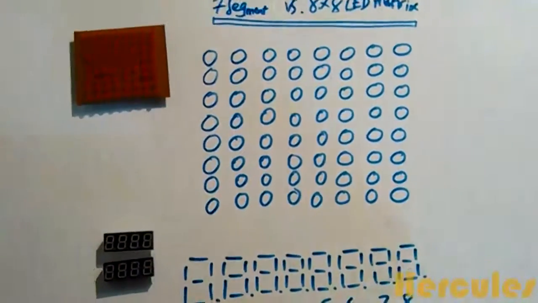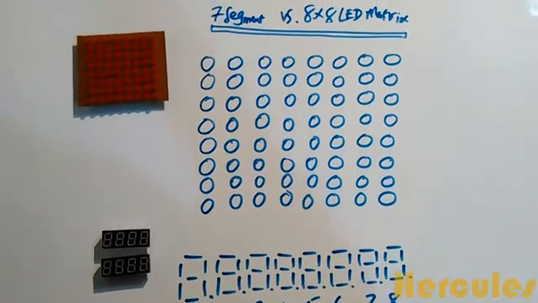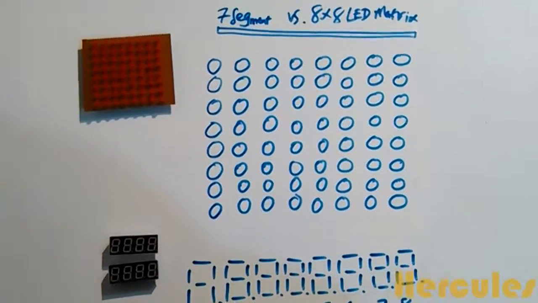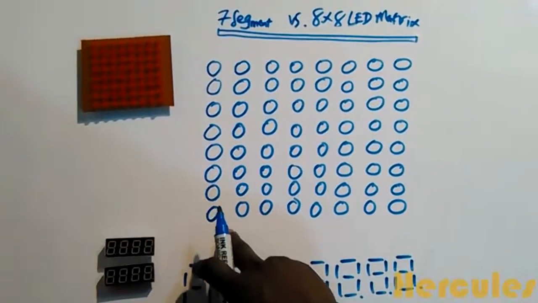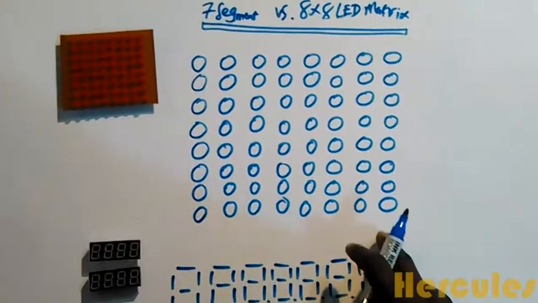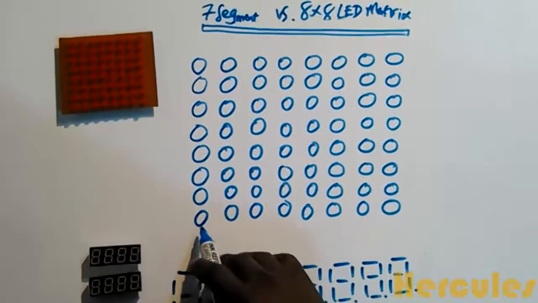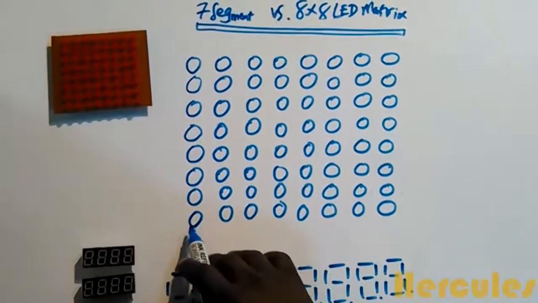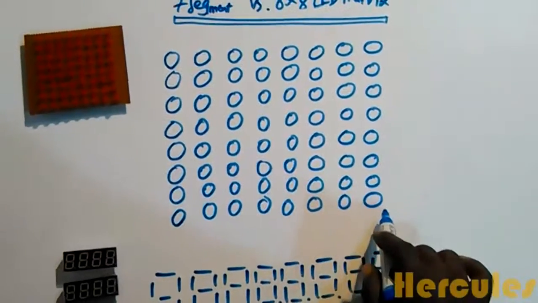Okay, as you can see with another illustration between a 7 segment and an 8 by 8 LED matrix, an 8 by 8 LED matrix has 8 columns. So this is column 0, column 1, column 2, column 3, 4, 5, 6, and 7.